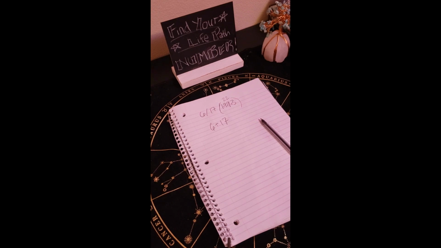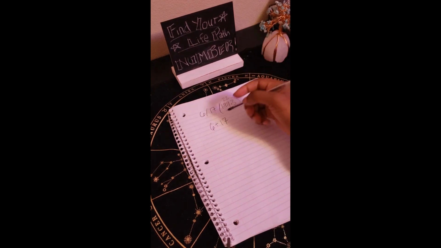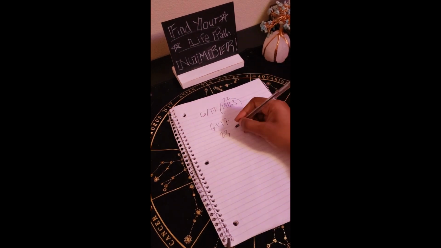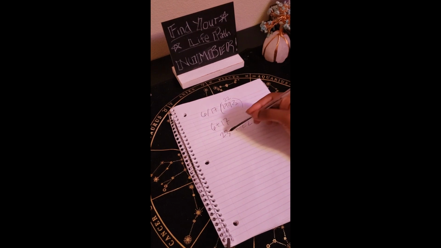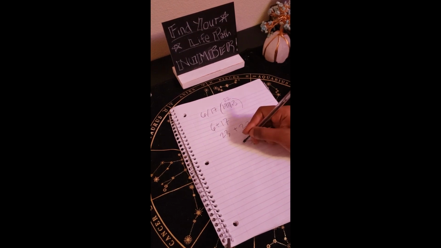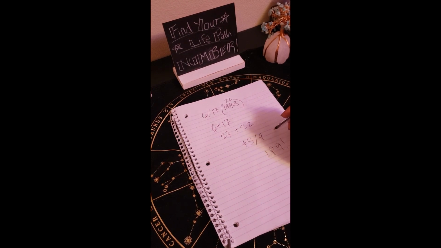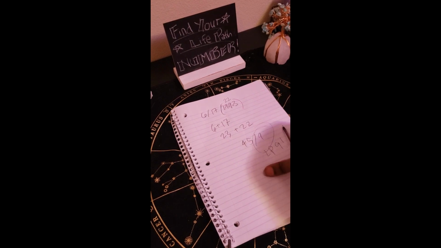So we have 6 plus 17, which gives us 23. In case you don't trust yourself, you can always trust a calculator. 23 plus 22 gives us 45. And 45 reduces to a 9, making my life path number 459. Great.